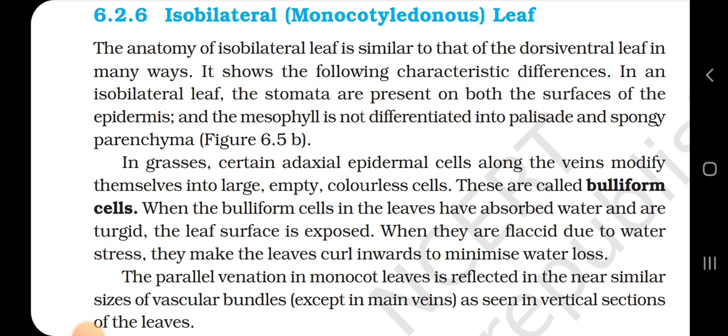These are called bulliform cells. When the bulliform cells in a leaf have absorbed water and are turgid, the leaf surface is exposed. When they are flaccid due to water stress, they make the leaf curl inwards to minimize water loss. The parallel venation in monocot leaves is reflected in the near similar sizes of vascular bundles except the main veins, as seen in the vertical sections of the leaves.